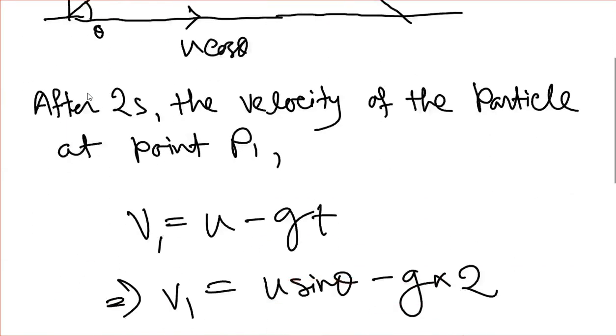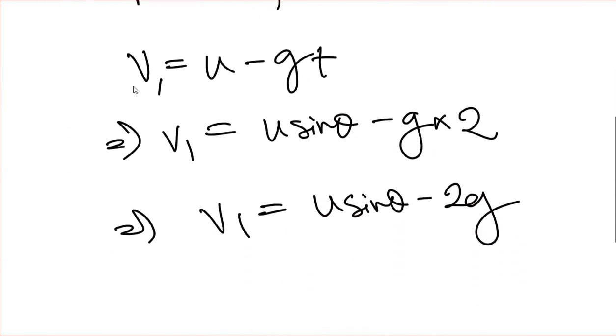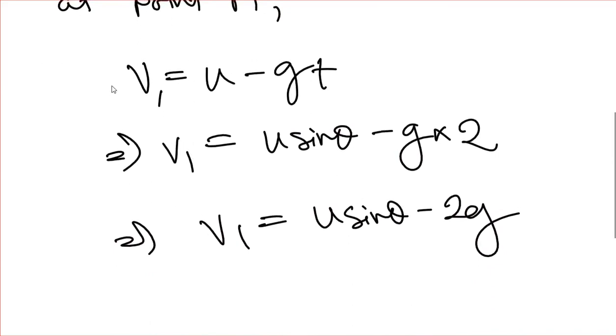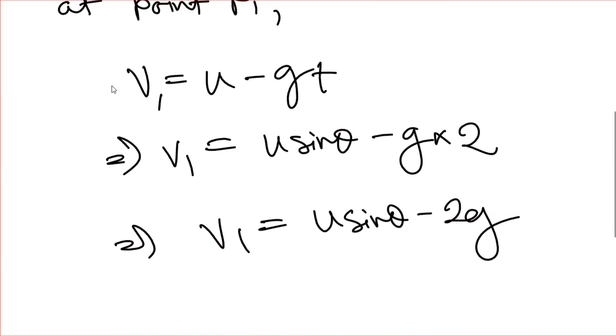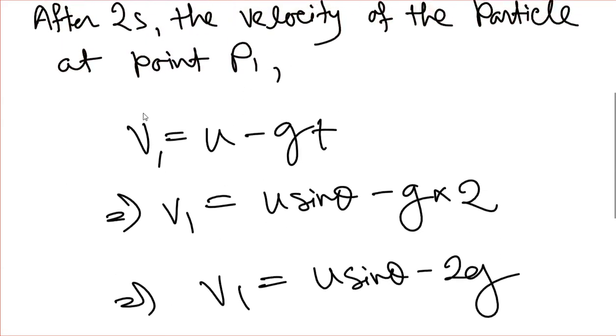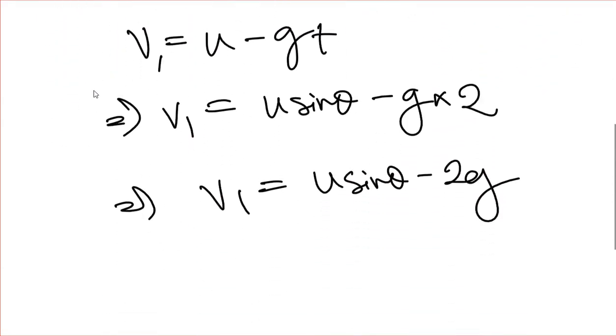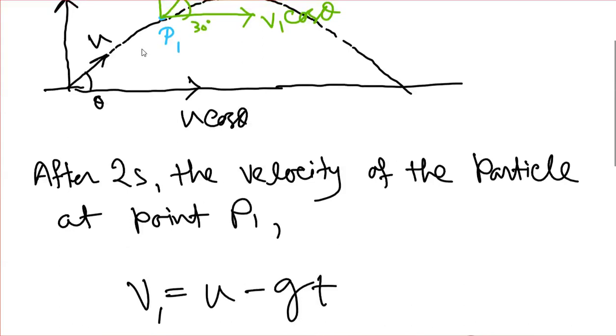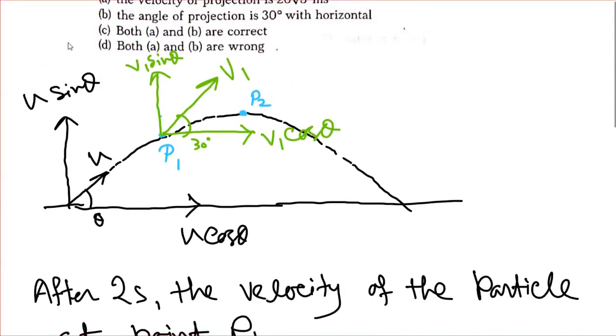So at this point, the final velocity, it will be v1, that v1 will be the component of v1 sin theta.